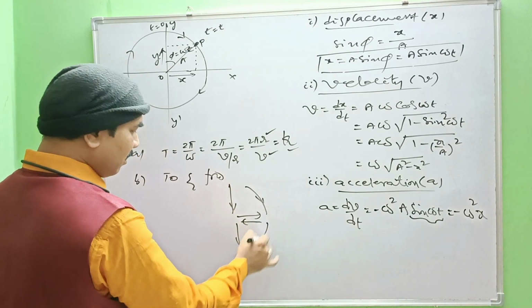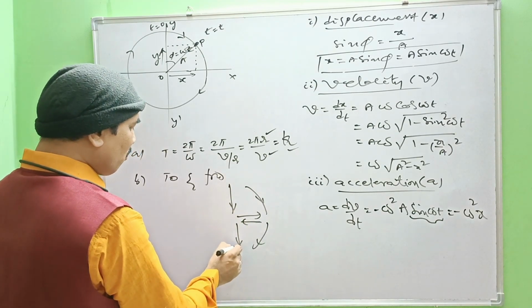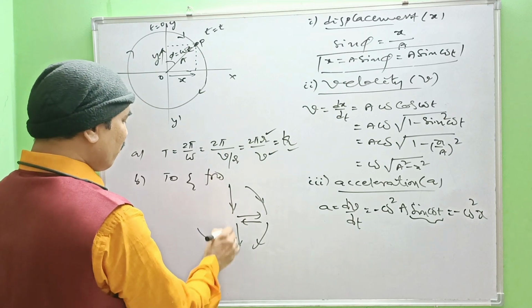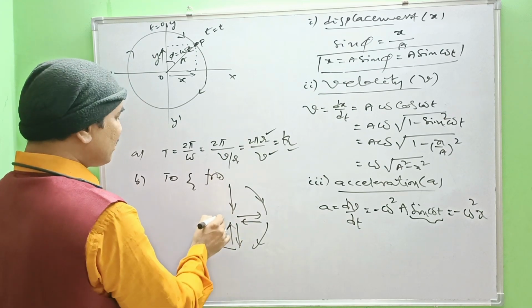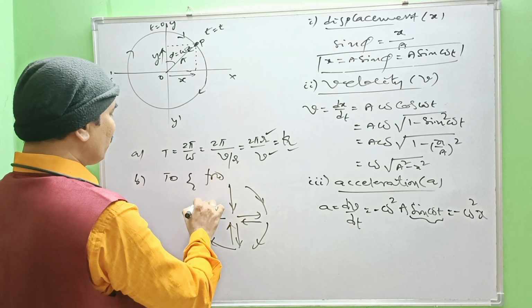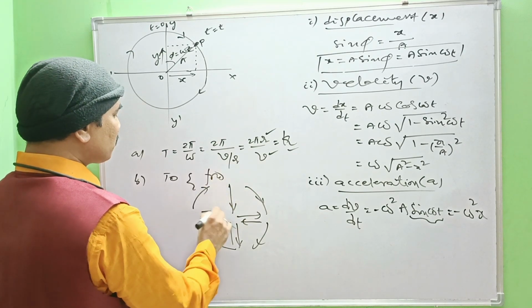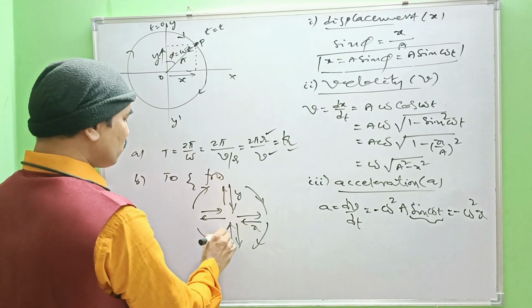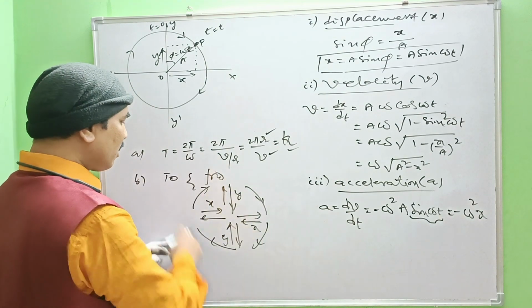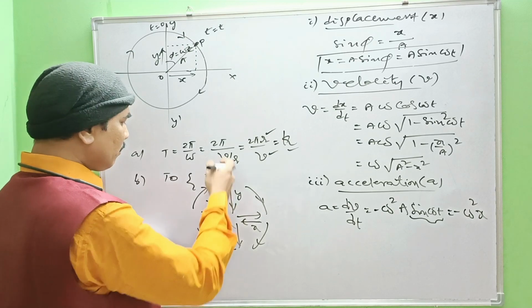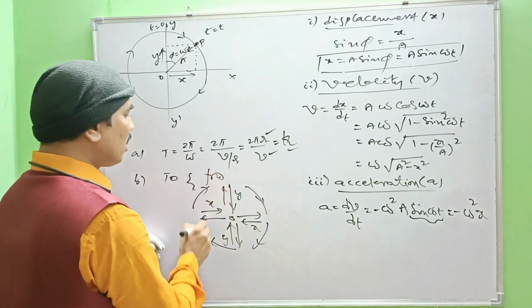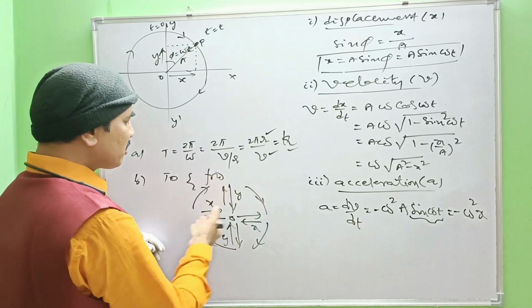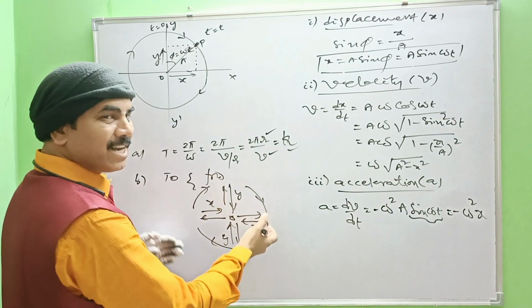In the third quadrant, again the y projection decreases and the x projection increases. In a revolution, the y projection oscillates about the fixed point O, and the x projection also oscillates about the center.